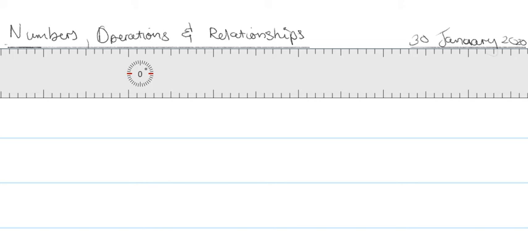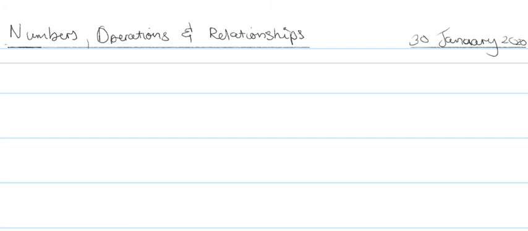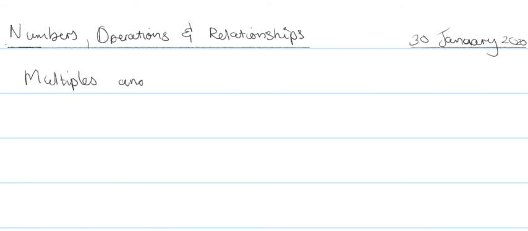So we're going to start with a bit of a revision, and then we're going to look at multiples and factors. Okay? So multiples and factors, you can write a subheading which is going to be multiples and factors.